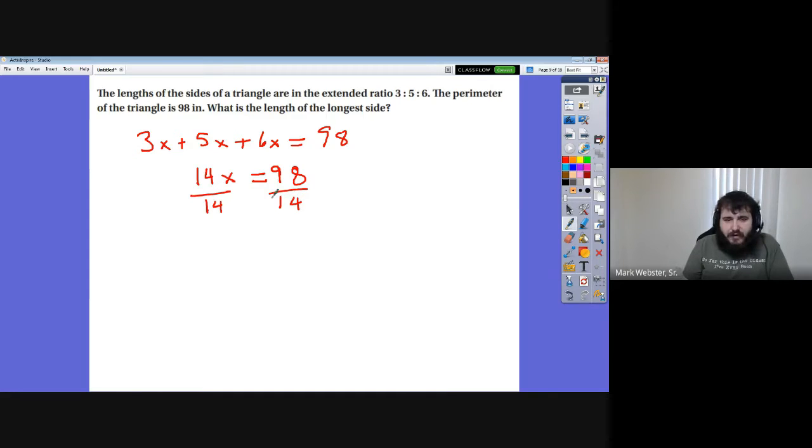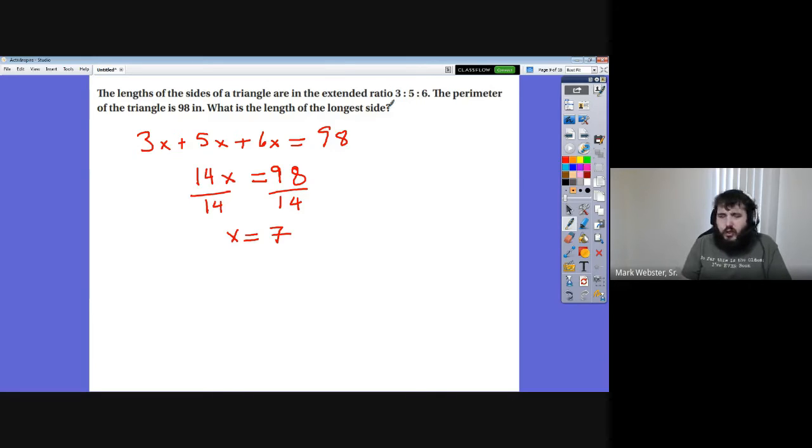And so, I divide by 14. 14 times what is 98? Should be 7. So now I've got how many parts? So now I can actually calculate the lengths of my sides, right? Now I want to know what's the length of the longest side. So when I go through, my actual answer is going to be the one that's the biggest over here.